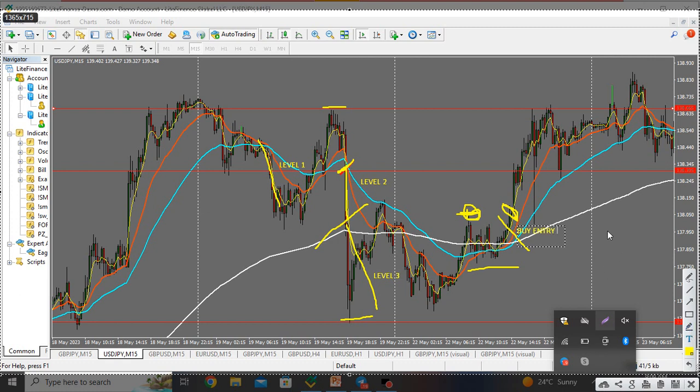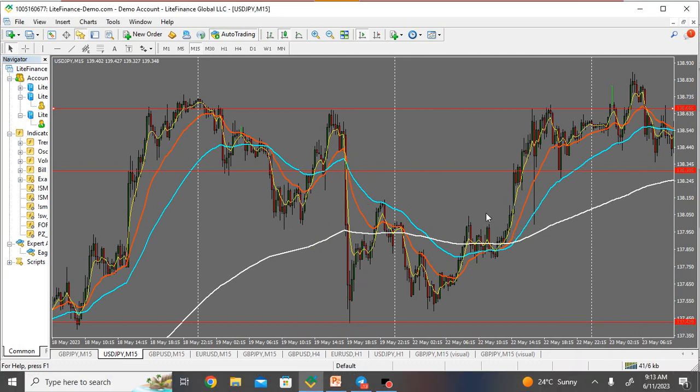Then your target was this push and this push, from here up to here. We can count how many pips from here up to here. 71 pips.